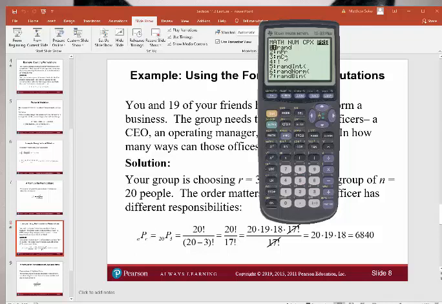If you want to use this in your calculator, you type the first number first, 20, hit math, go over to PRB, scroll down to number 2, and then enter the number of people that you want, which is 3. Well, look, you get 6,840. Wow, look, it works out perfectly. So your graphing calculator can do this for you instead of trying to do this by hand.